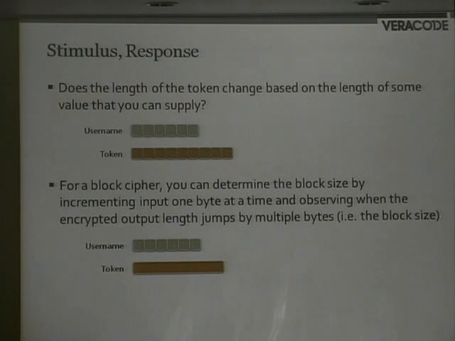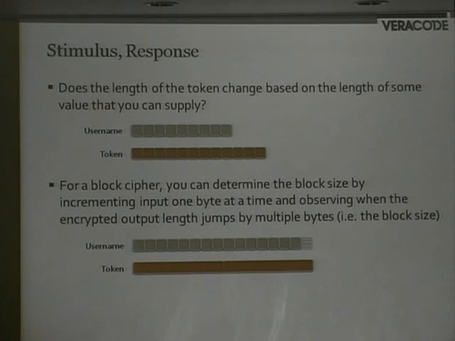So I change my username, and that cookie changes. Over time, I have to keep increasing my username a couple characters, and then, oh, look, it goes beyond that block boundary and I get another full block. For the cookie to change again, I add more, and then it jumps up by another 8 bytes.